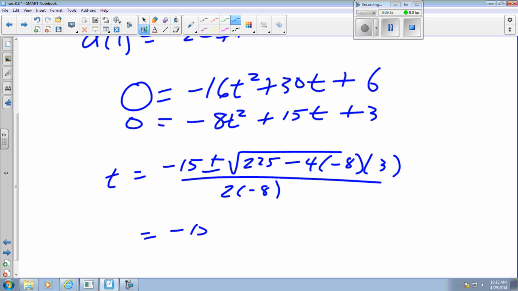Simplifying here, I get negative 15 plus or minus the square root of, negative times negative is positive, 32 times 3 gives me 96. 96 and 225 gives me 321.